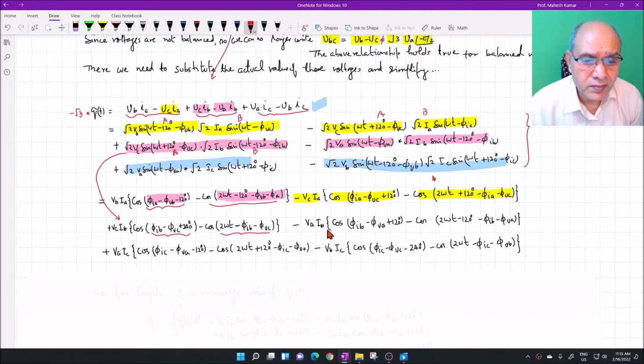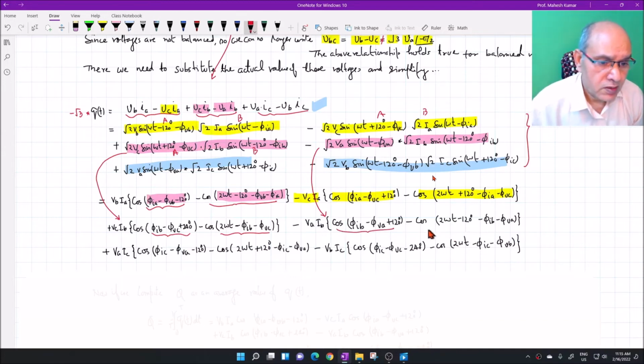Then the second term comes in two forms here. It becomes BAIB cos(phi IB minus phi BA plus 120 degree) here, minus cos(A plus B), minus cos(2 omega t minus 120 minus phi IB minus phi BA).